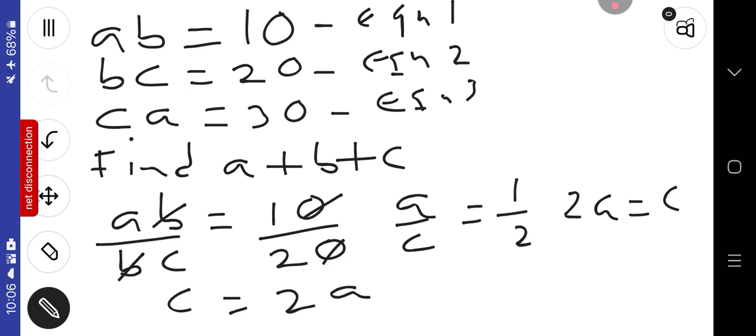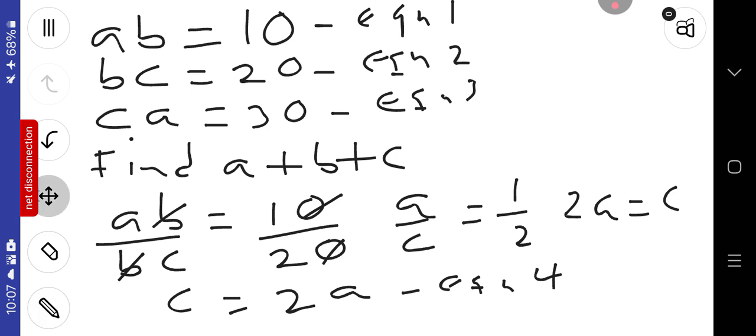Before we do that, let's call this equation 4. Let's name our equations so that calling them will be easy. So we call this equation 4. Now let's put equation 4 into equation 3.